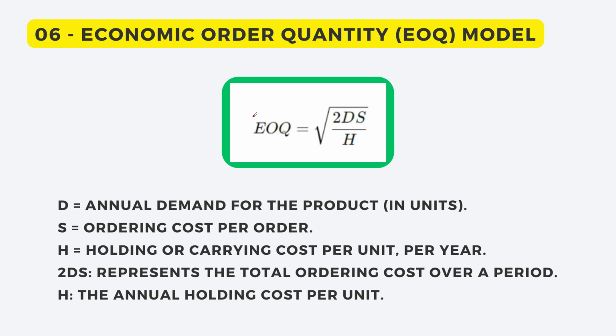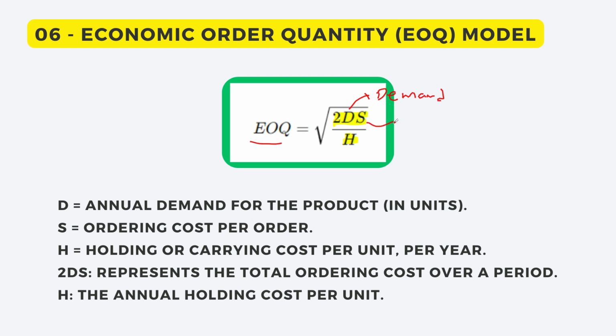The formula of EOQ is this: under root 2DS by H. D is obviously demand. This is the annual demand for the product.